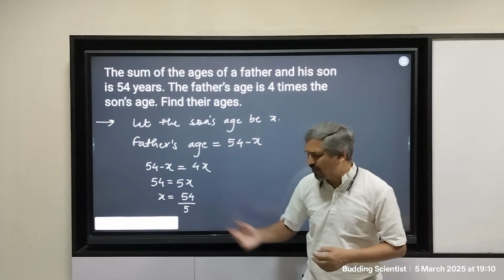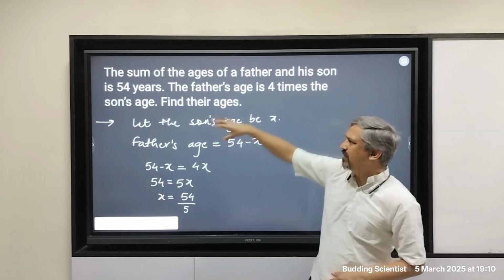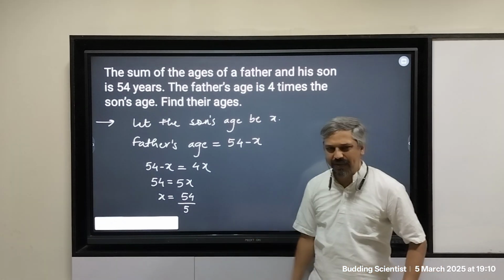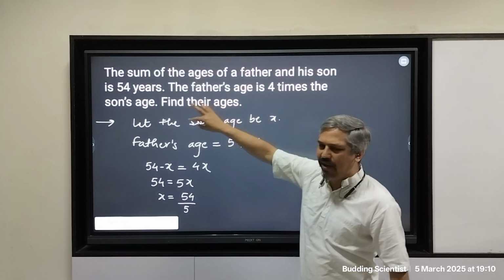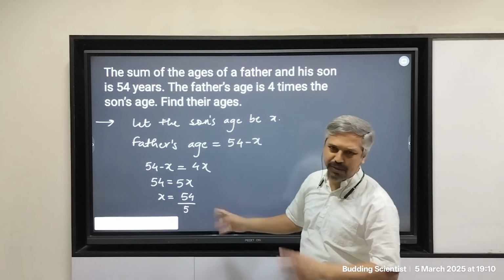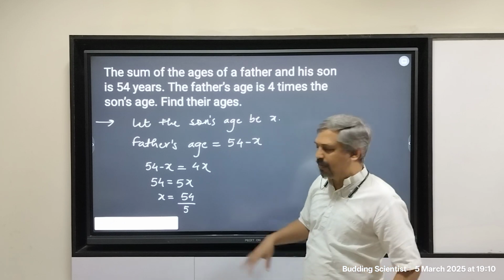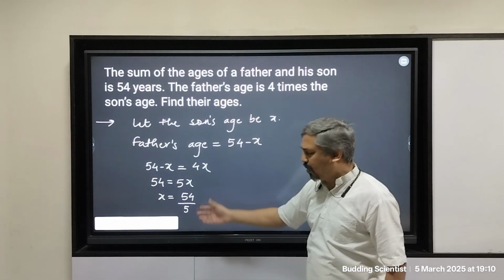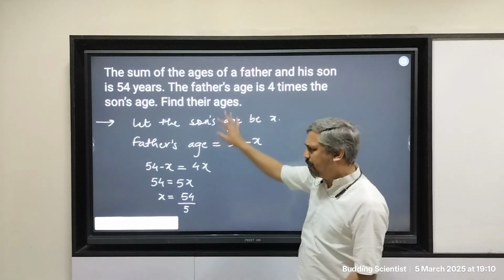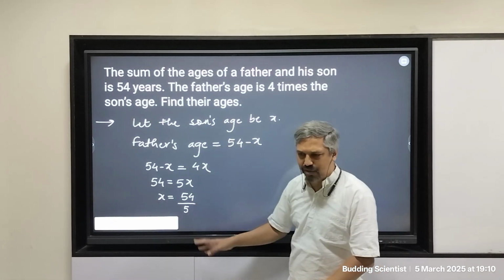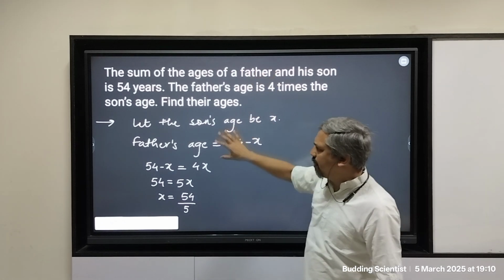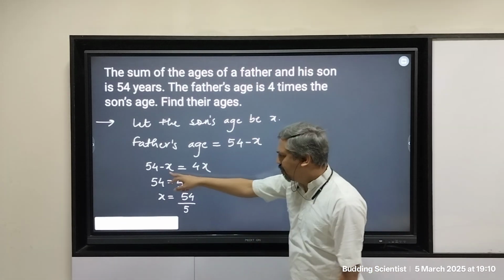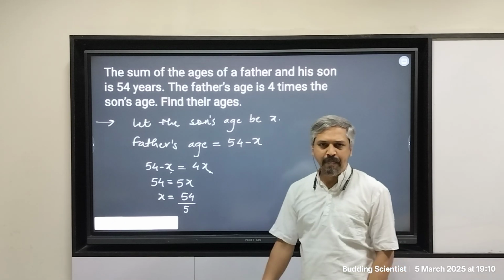But sometimes it happens, and sometimes the numbers are not adjusted. Maybe there was something else and I modified the numbers and did not modify them properly with what I remember. So maybe that is why the answers are not coming in whole numbers. But the problem is right. The solution is right. The solution is not difficult. It's just about understanding the problem. If you can put the right equation, you will get the right answer anyway.